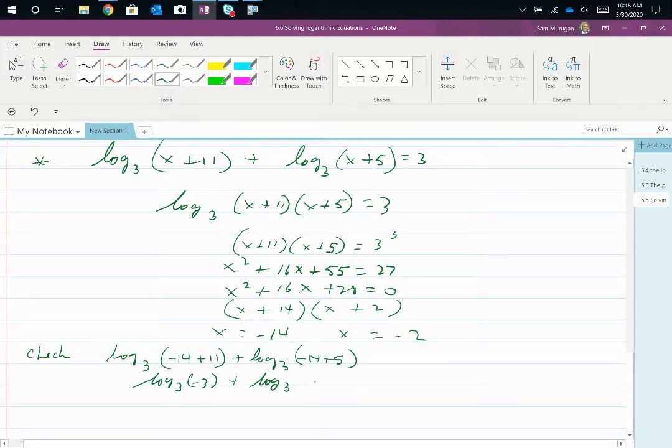It's negative 9. So x is equal to negative 14 must be not a solution.